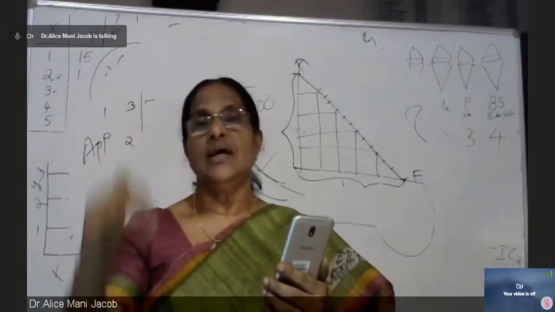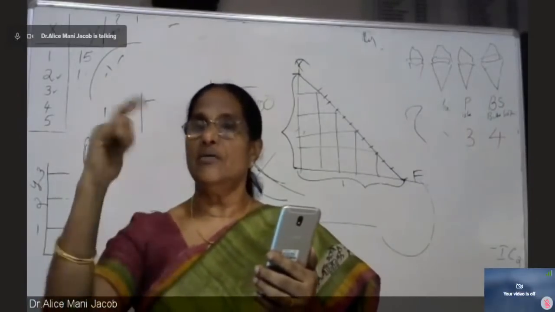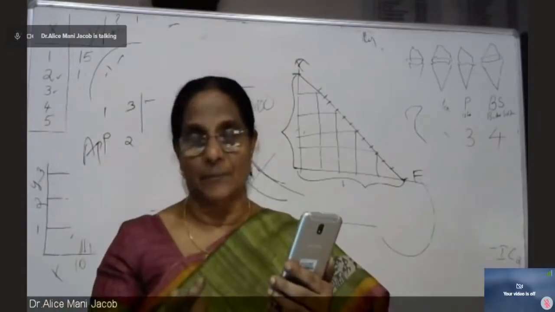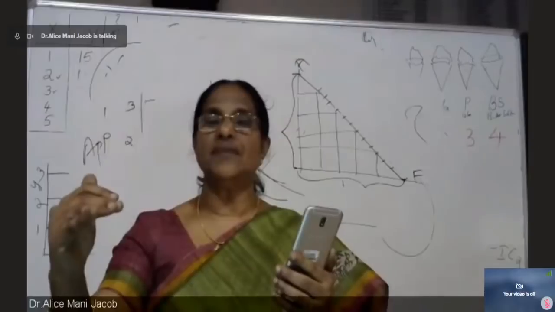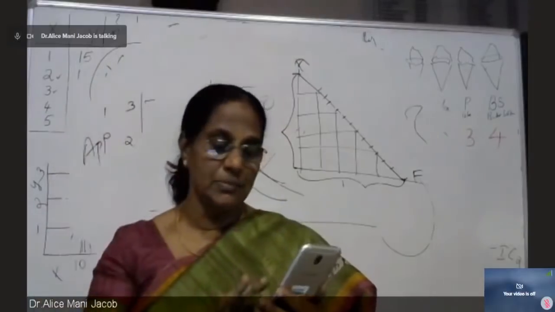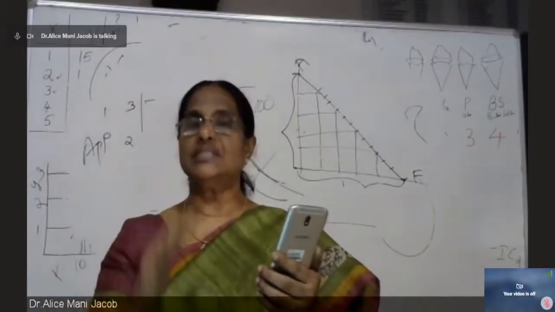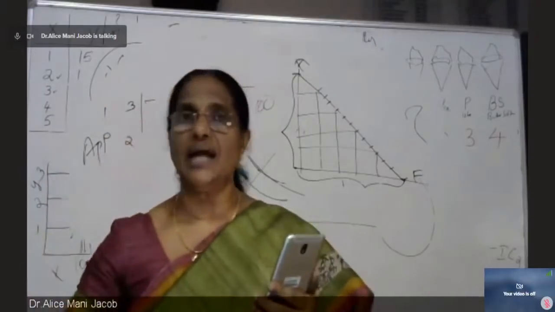I repeat, a consumer is in equilibrium when he gets maximum satisfaction from his limited income. Maximum satisfaction is the highest possible indifference curve, given his limited income, which is his budget line.